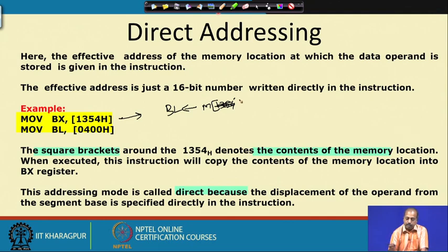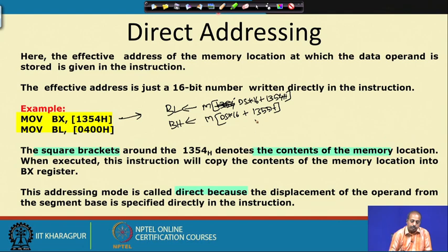I cannot say exactly what the location content is, but that is DS into 16 plus 1354. That location content will come to BL, and the BH register will get the content of memory location DS into 16 plus 1355 hex.